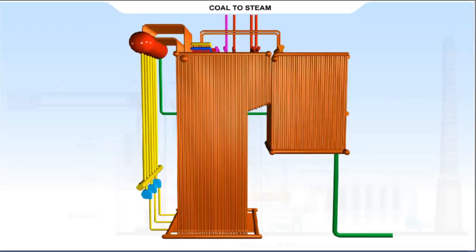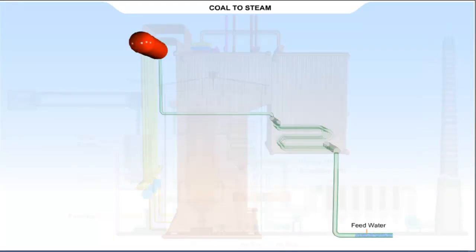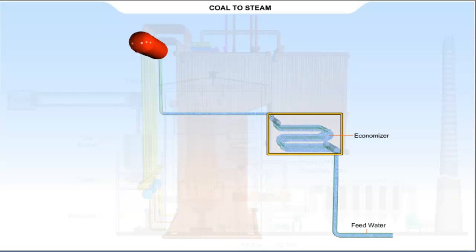The water from the boiler feed pump passes through the economizer. Economizer preheats the water using the heat of flue gas in the second pass of the boiler. The water then enters into the boiler drum, from where it flows down to the bottom of the furnace through insulated pipes called downcomers.